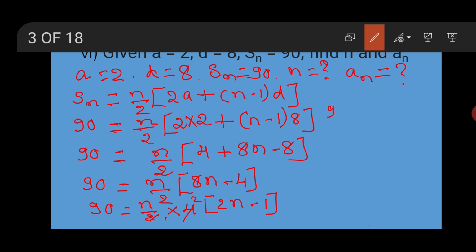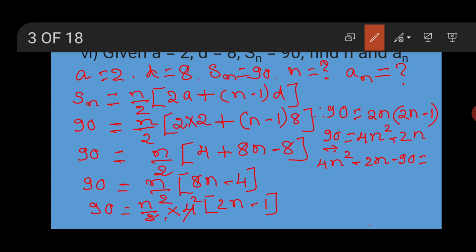So 90 is equal to 2n into inside the bracket 2n minus 1. So 90 is equal to 4n square minus 2n. Take 90 to the other side, it becomes 4n square. You will get a quadratic equation here, minus 90 is equal to 0.